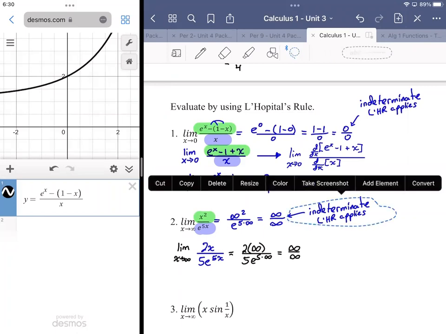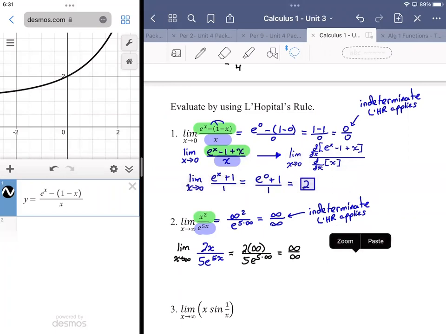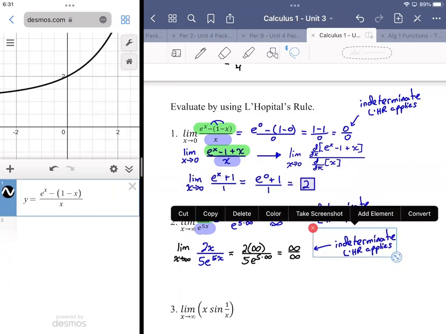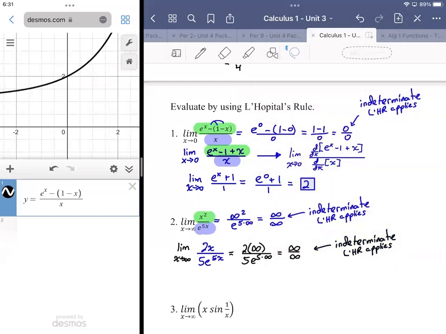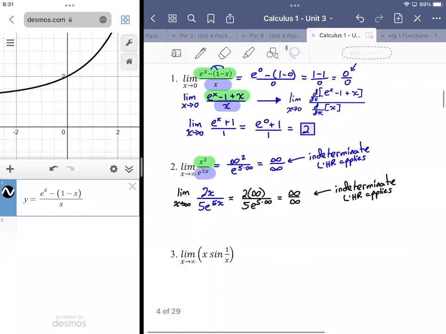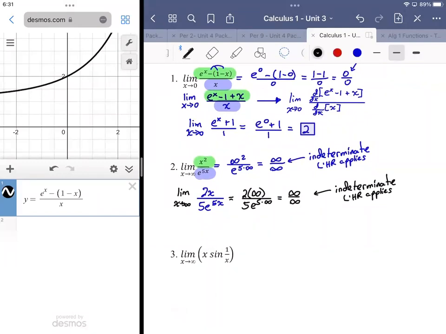So that's telling me to apply L'Hopital's rule again. The hope being that if I carry out L'Hopital's rule another iteration, then it'll lead me to something tangible.